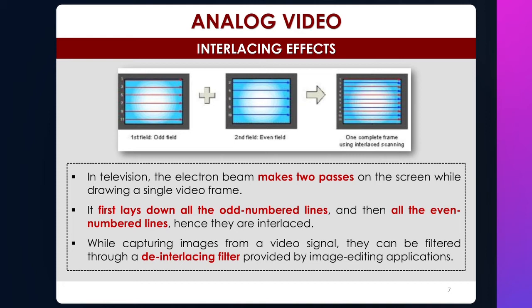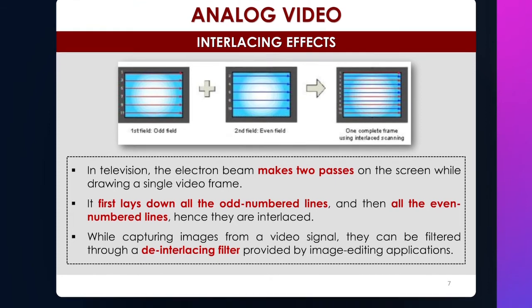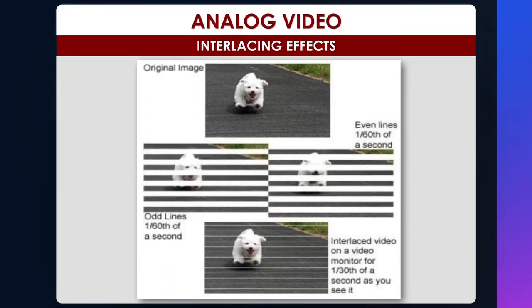While capturing an image from a video signal, it can be filtered through a de-interlacing filter provided by an image editing application. So this is how the interlacing effect looks. From the original image, when we apply the interlacing effect, at the end the interlaced video will be displayed on the monitor.